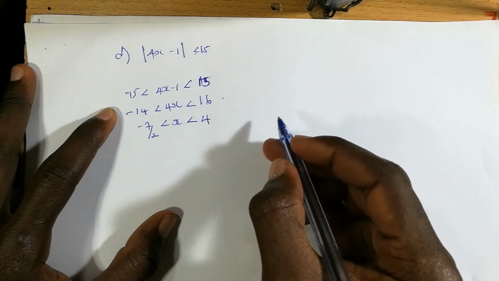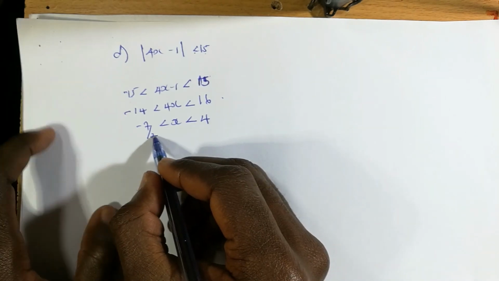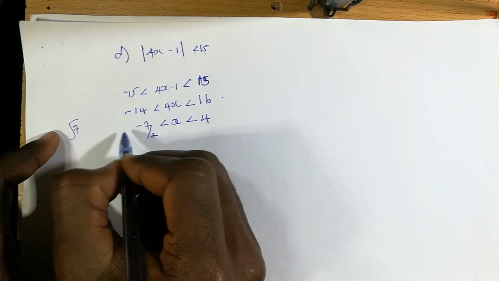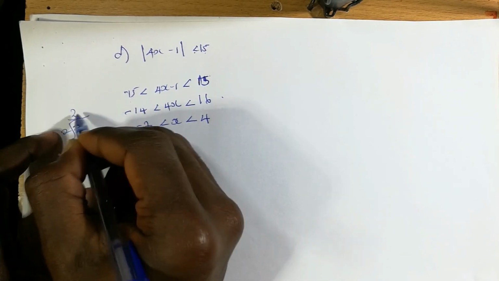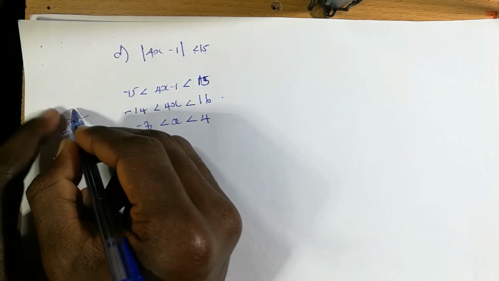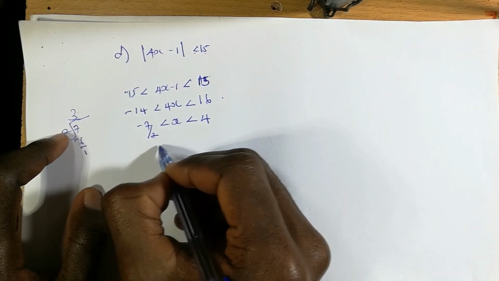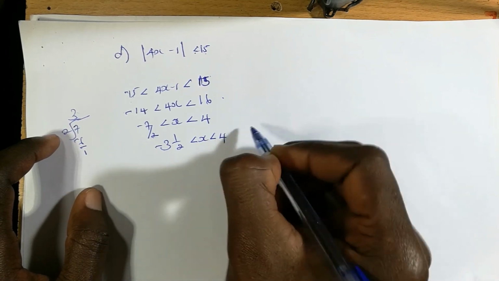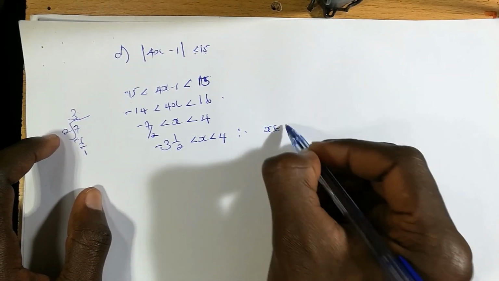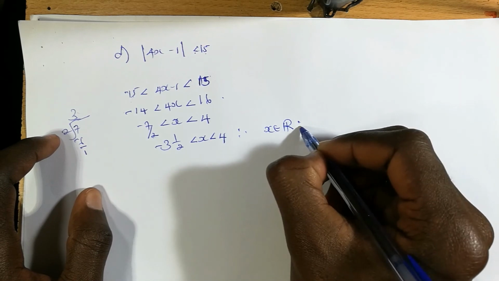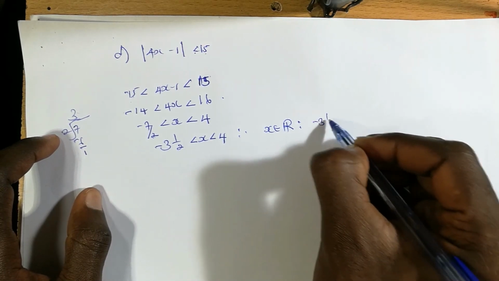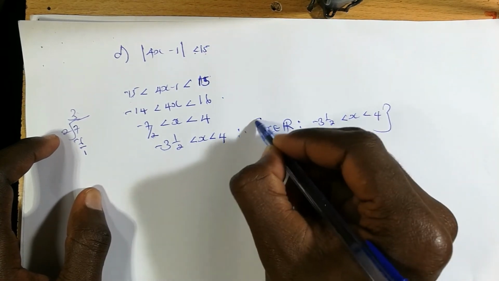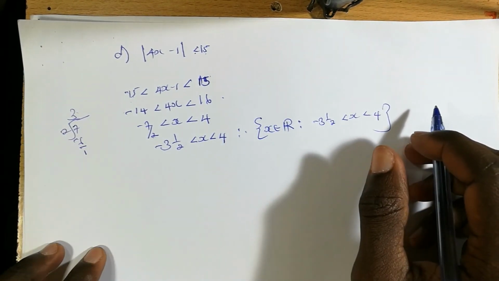And as a solution set, negative 7 out of 2 is the same as, if you divide 7 by 2, you have 3, 6 here, then remainder 1, so 3 and 1 out of 2. So we can put negative 3 and 1 out of 2 less than x less than 4. So the solution set will be x in R such that negative 3 and 1 out of 2 less than x less than 4. That would be our solution set.